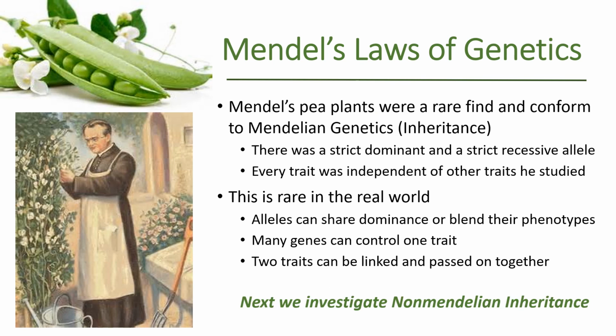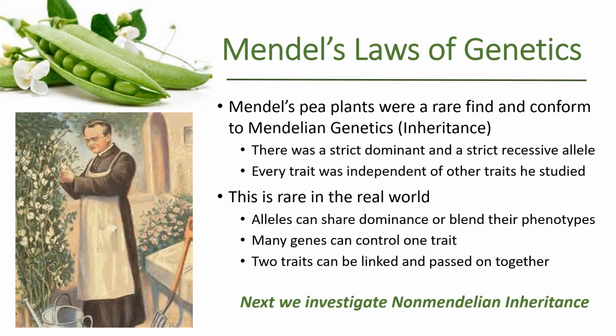So now, Mendel's pea plants were actually a very rare find. It's hard to find traits that actually follow Mendel's strict laws of inheritance because, let's face it, life is a lot more complicated than just dominant and recessive. We have the environment that affects it.